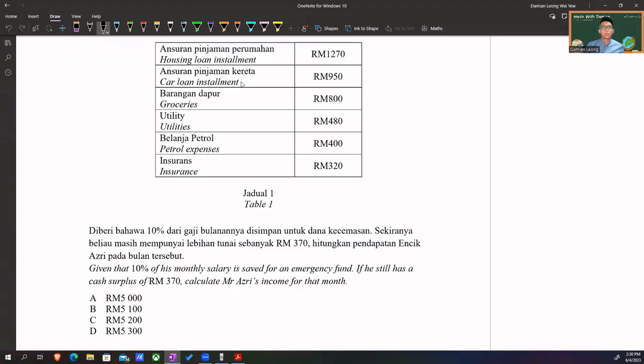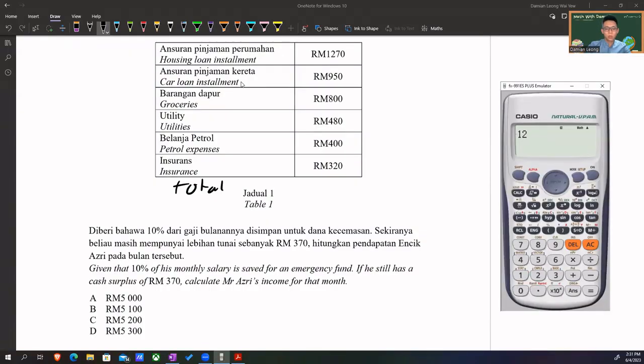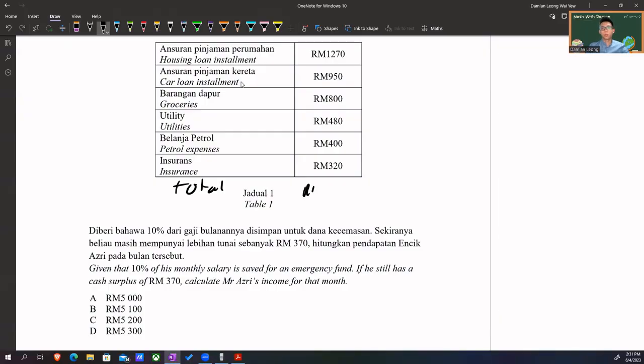So, let's find total expenses. I add up all of these. 1270 plus 950 plus 800 plus 480 plus 400 plus 320. 4220.